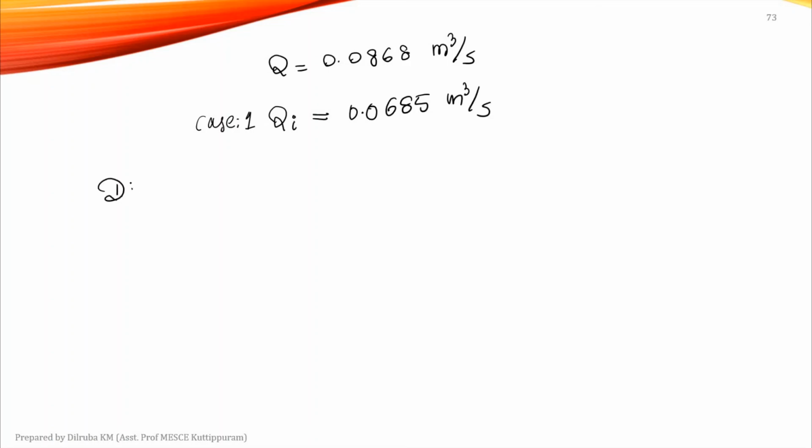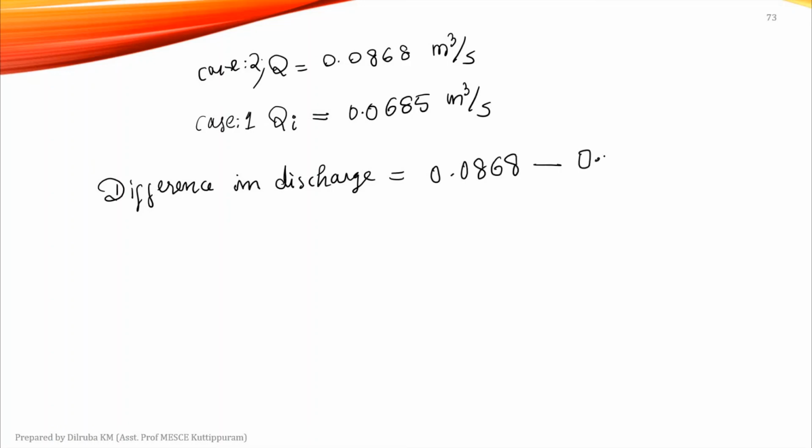So the difference in discharge is case 2 discharge minus case 1 discharge, that is 0.0868 minus 0.0685, which is 0.0183 meter cube per second.